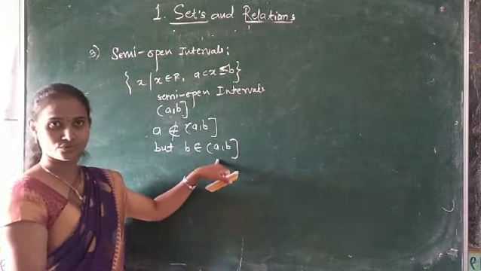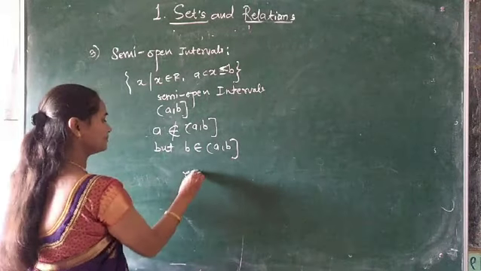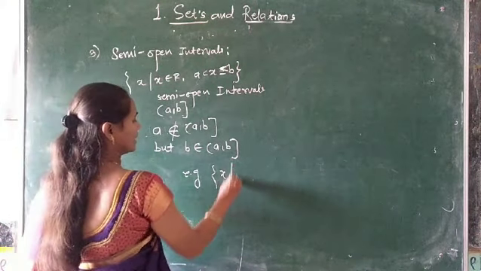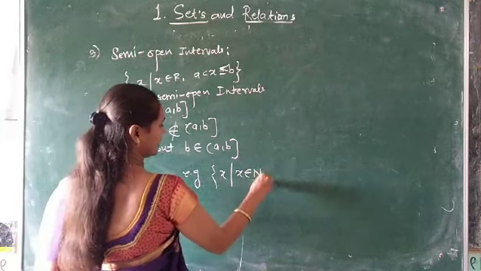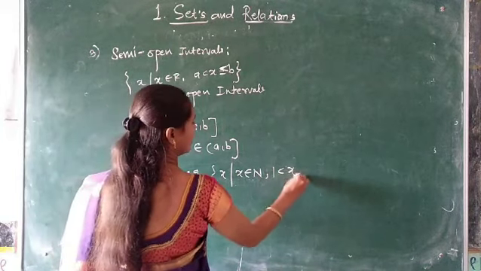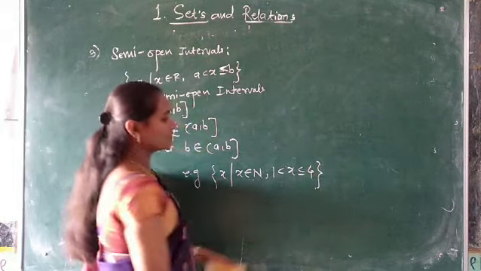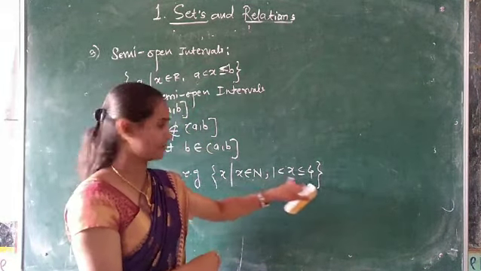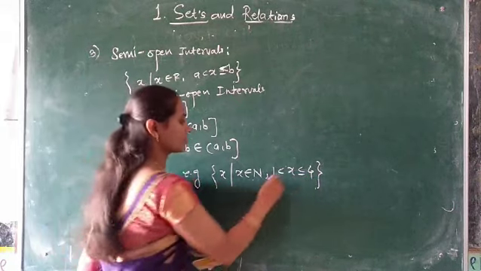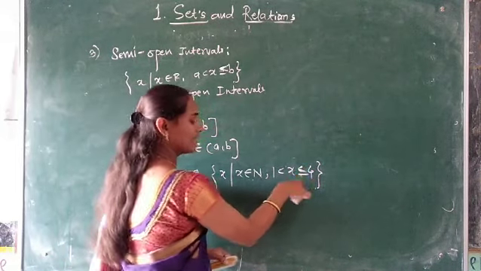For example, x such that x is a natural number and 1 less than x less than or equal to 4. In this set, 1 is not contained but 4 is contained, because here it's less than or equal to 4.